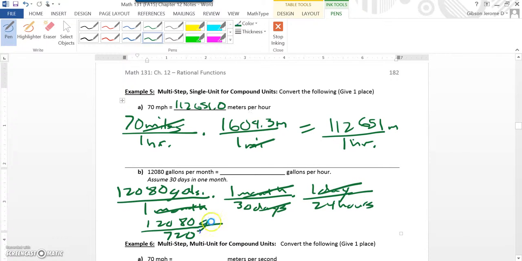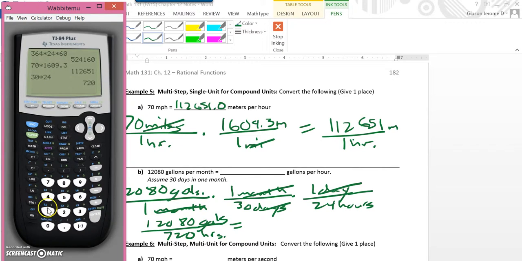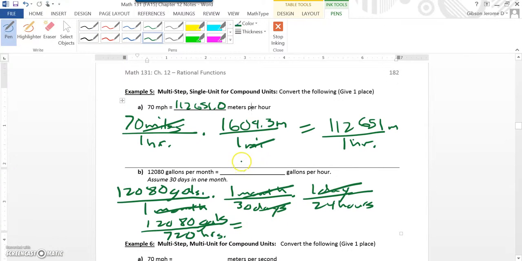So we will have gallons, and we will have hours. Now we will take our calculator and take our 12,080 and divide it by 720. That will give us 16.8 gallons per hour.